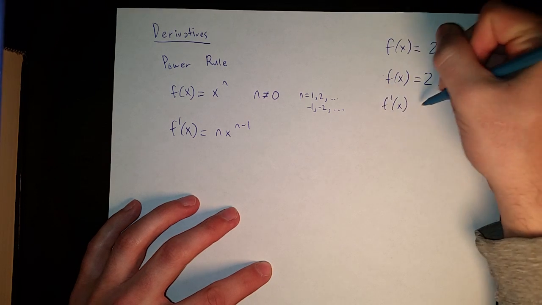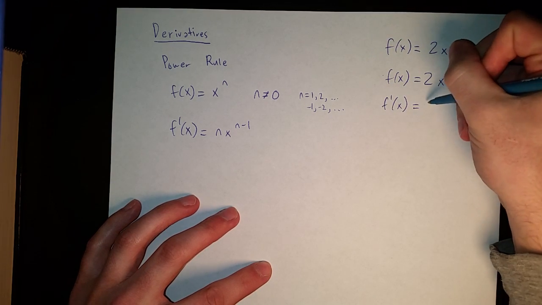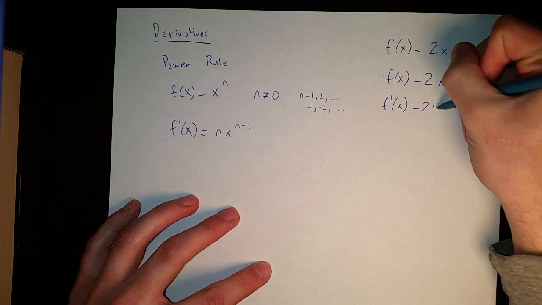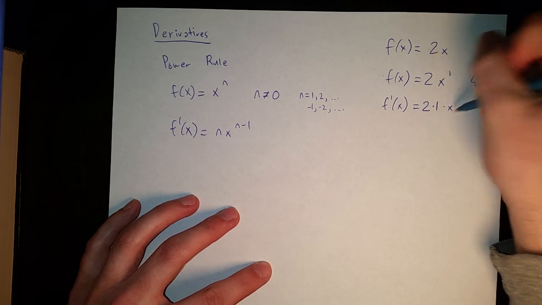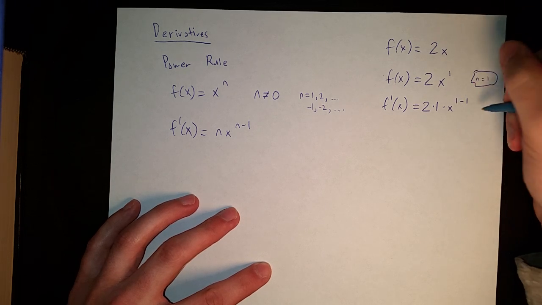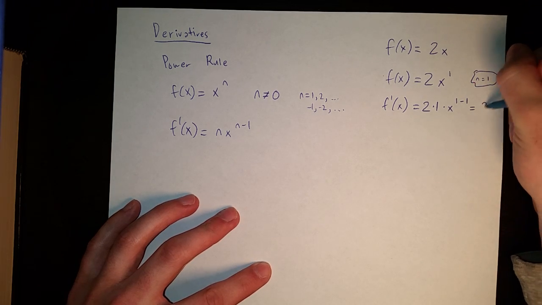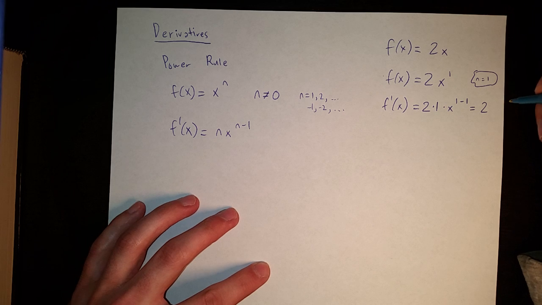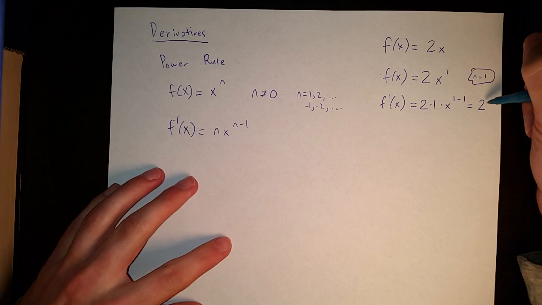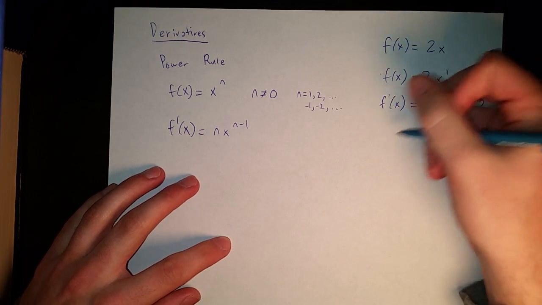F prime of x, so we have 2, then n is 1, times x to the n minus 1, which is 1 minus 1, equals 2 x to the 0. But x to the 0 is 1, because any number to the 0 is 1. So there we go, there's our result.